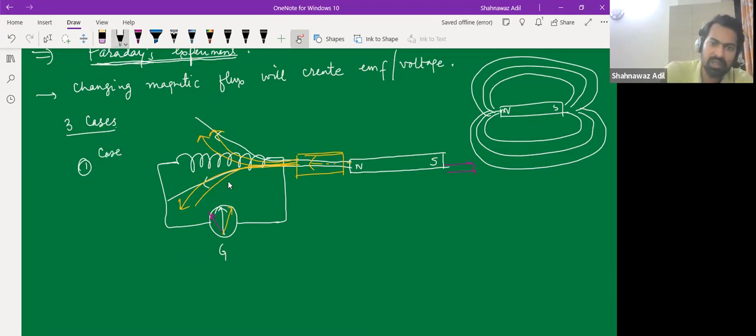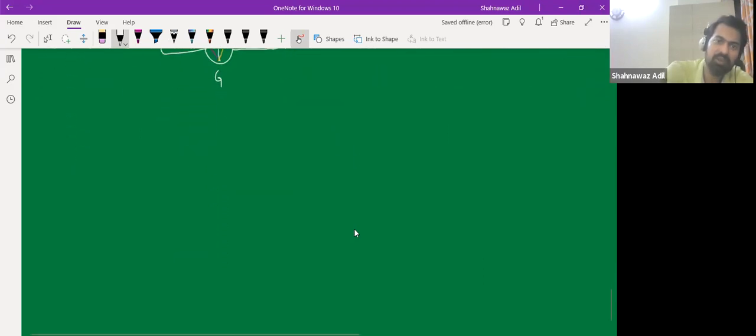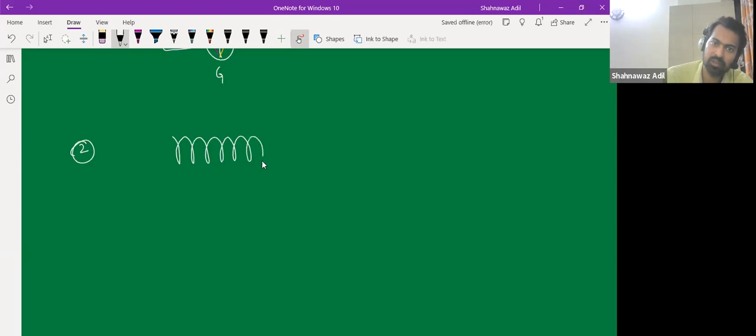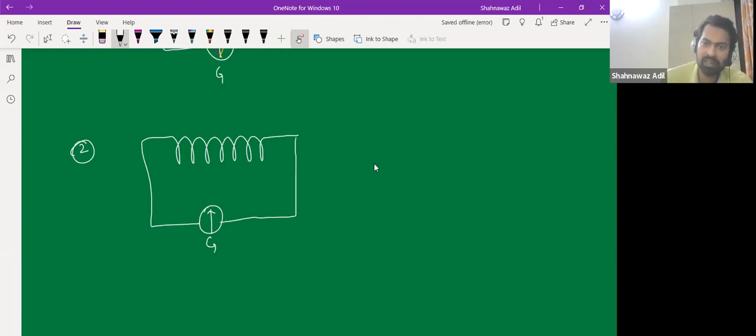Okay. Now in the second case, what Henry or Faraday did was that in place of a magnet, he placed some other coil, right?